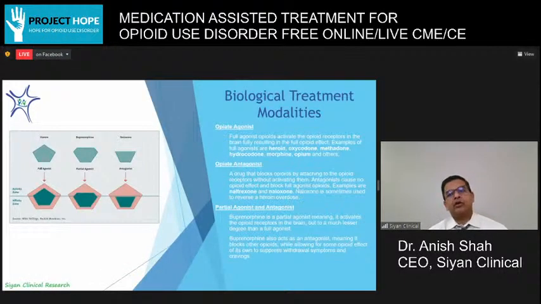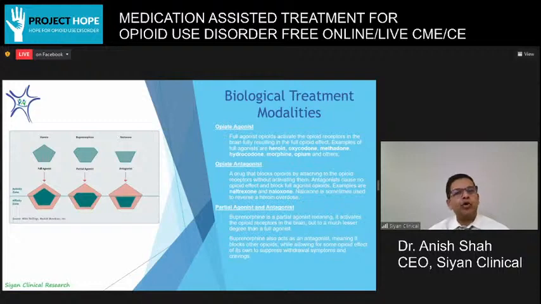Now, before I go into the medications and explain how they work, I would like to go through some basic understanding of how various opiate medications work on receptors. There are three categories of biological treatment modalities. One is opiate agonist, the second is opiate antagonist, and the third is partial agonist and antagonist.